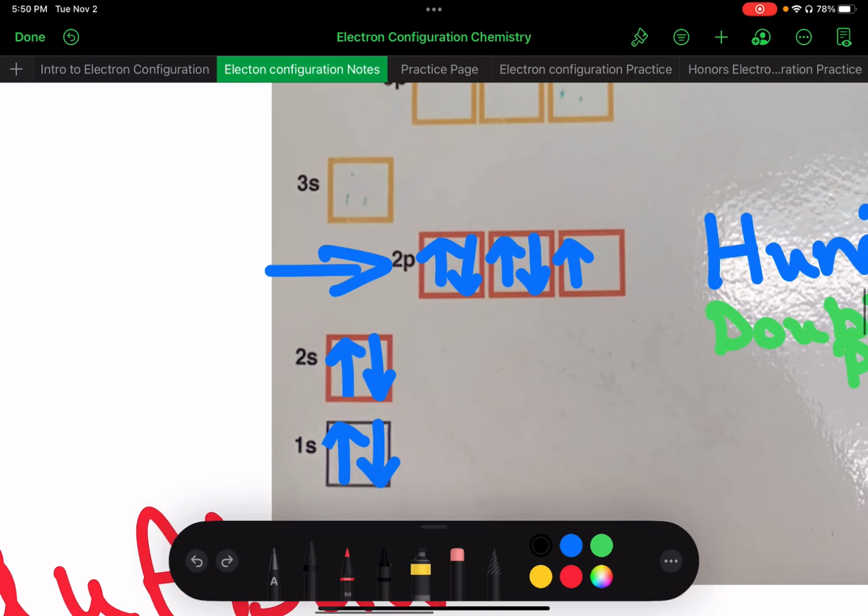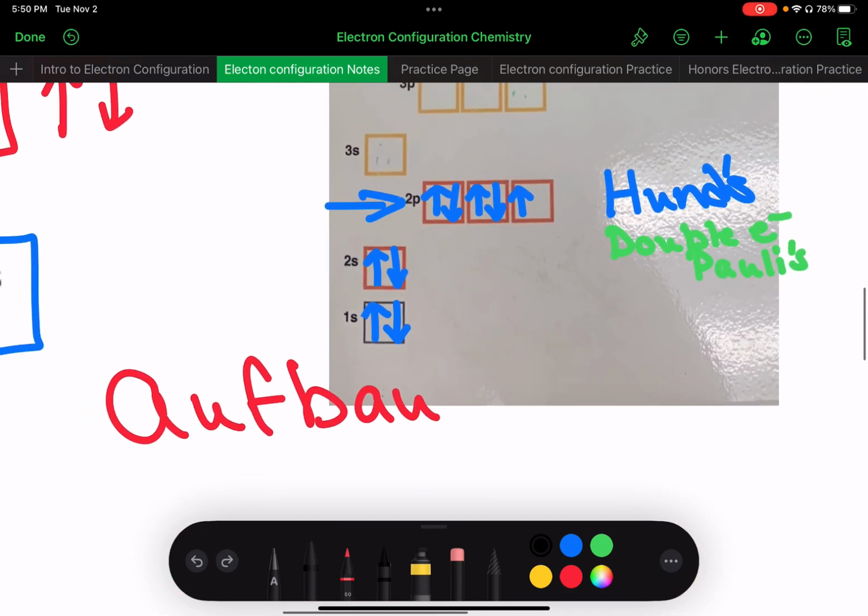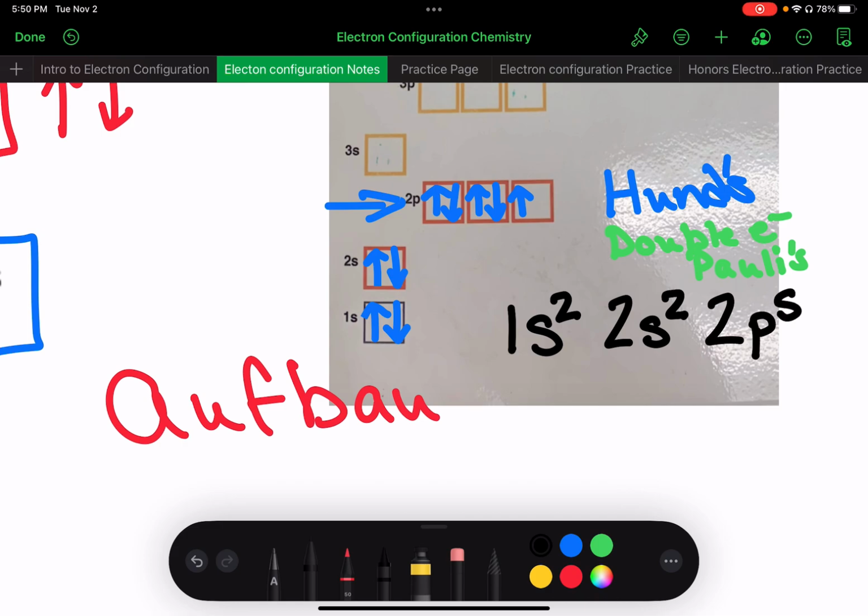Then I've done the configuration properly. Now how do I write this? I start with 1 and I write 1s2, 2s2, 2p5. And that's how I write my configuration. That's my answer.